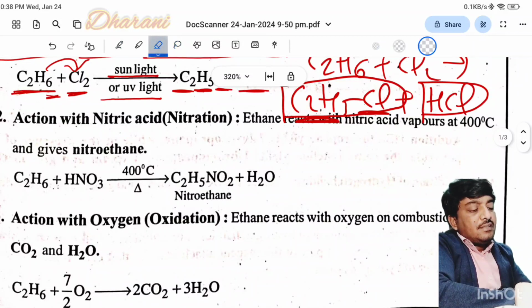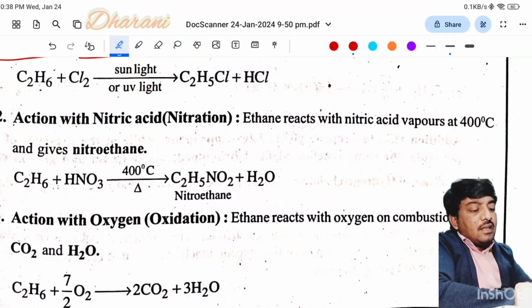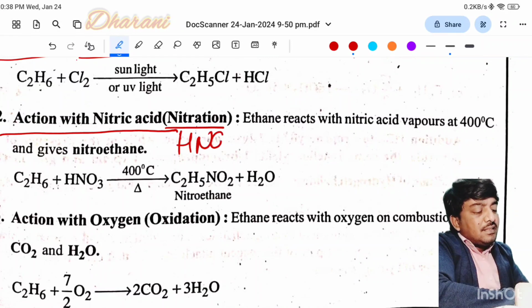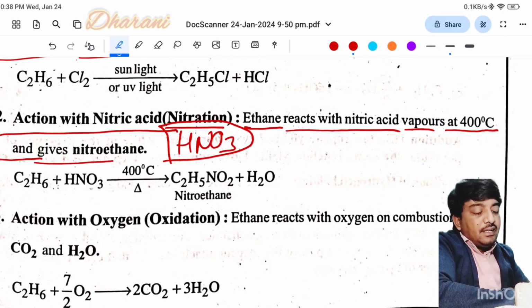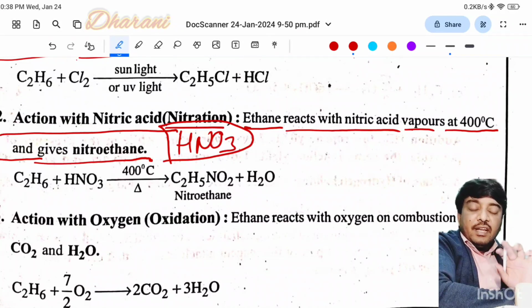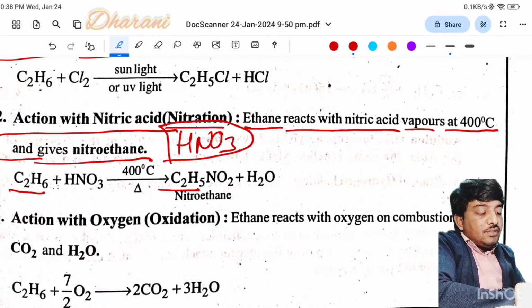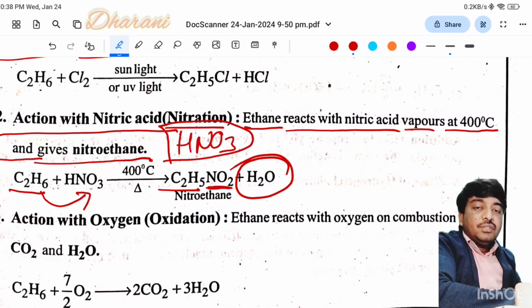The next one is action with nitric acid, nitration. Nitration means HNO3, known as nitric acid. Ethane reacts with nitric acid vapors at 400 degrees. It gives nitroethane, nothing but replacing one hydrogen with NO2. C2H5NO2.